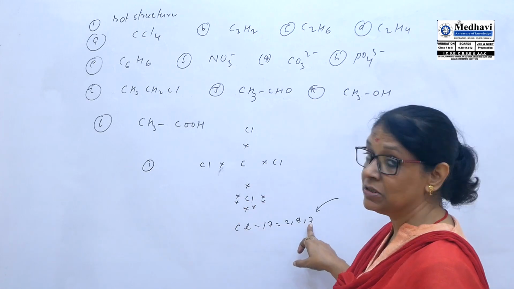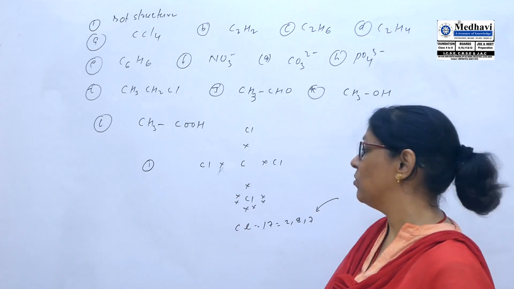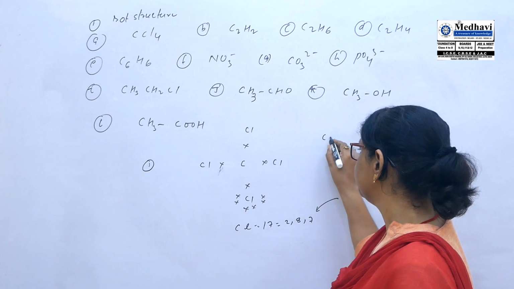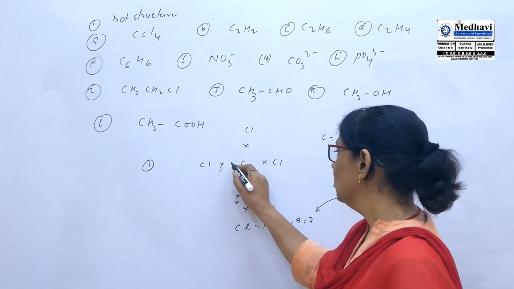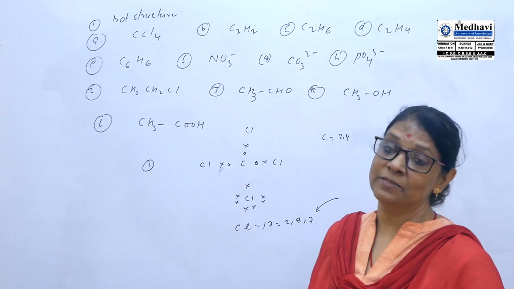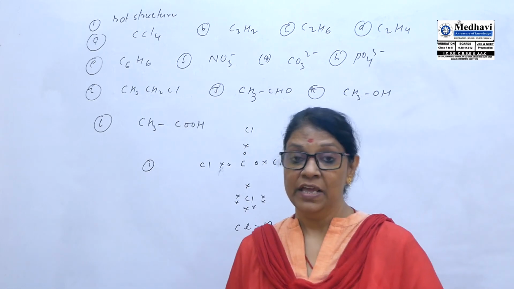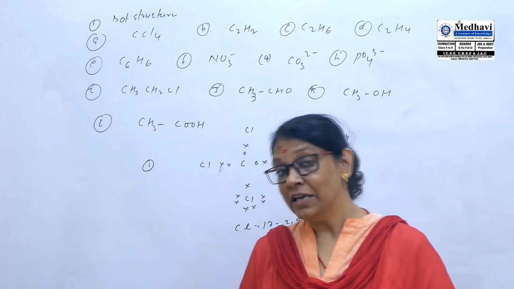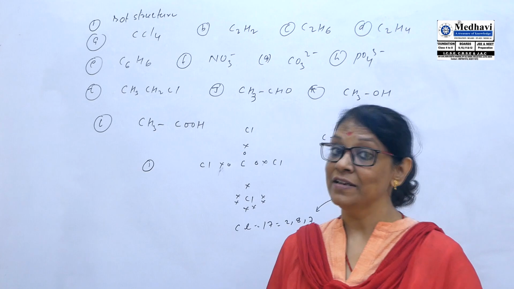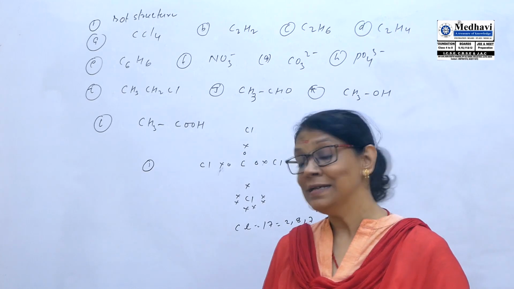Carbon has 4 valence electrons. Sharing always takes place equally: covalent sharing takes place equally between two atoms. If one atom gives 1 electron, the other will also give 1 electron. It can never give 2 electrons. There is an equal contribution between the two combining atoms.